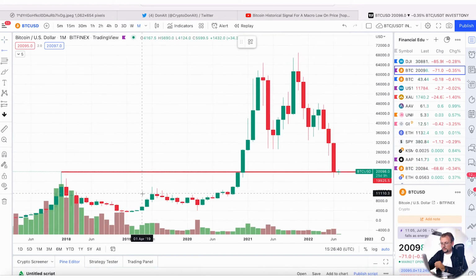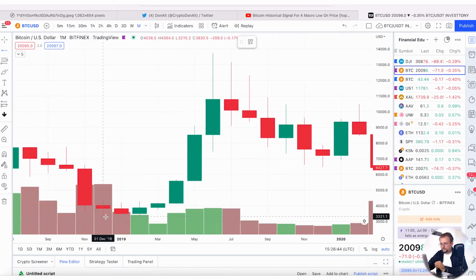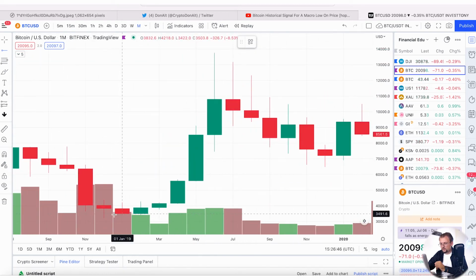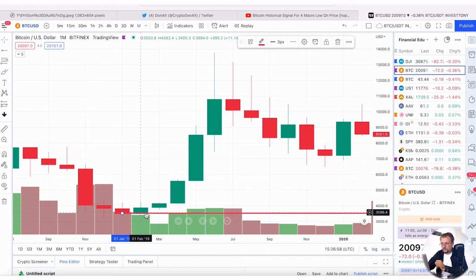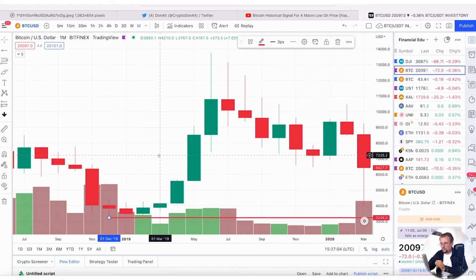Also, we can go ahead and find the bottom of 2018 exactly here, January 2019 and December 2018. The price were about 3,500, or to be precise 4,400. So we can use this area, or we can even use the very low of the week, about 3,100.